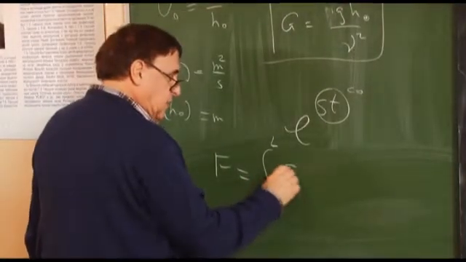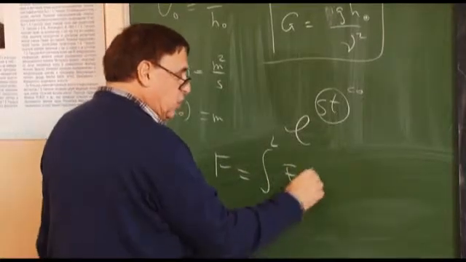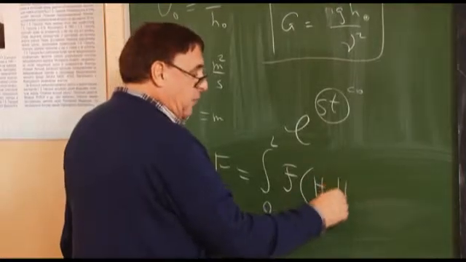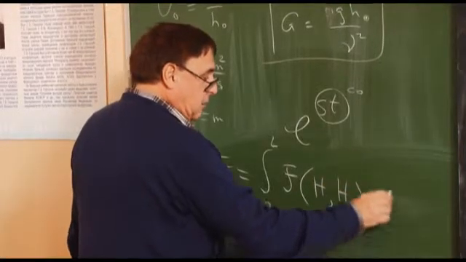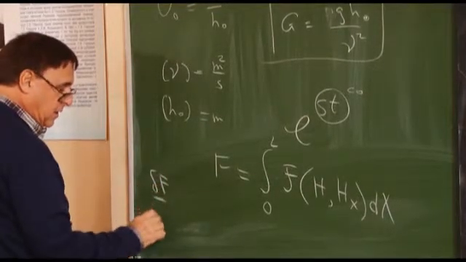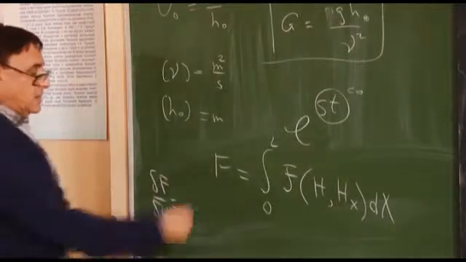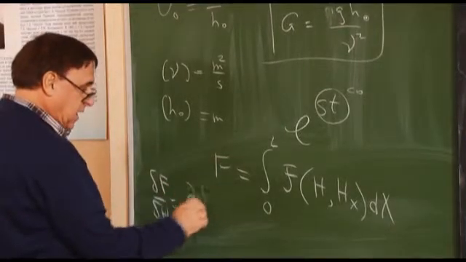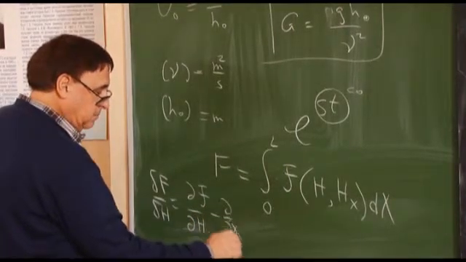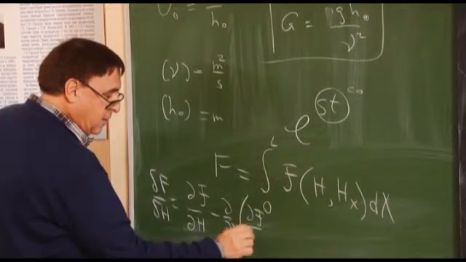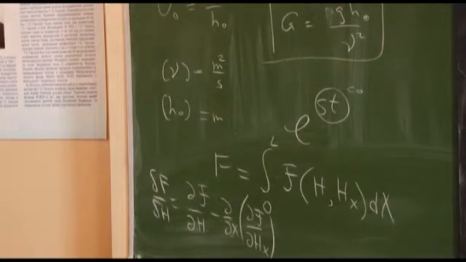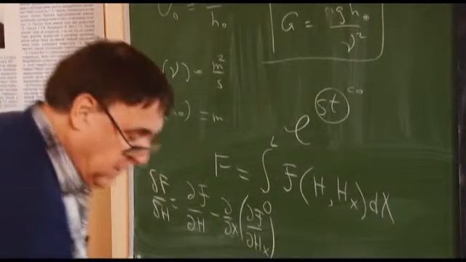And f is a function which depends on the function itself and the first derivative, integrated over x. So delta f by delta h is actually df by dh minus d/dx of df by dhx, right? This is the variational derivative of this functional.